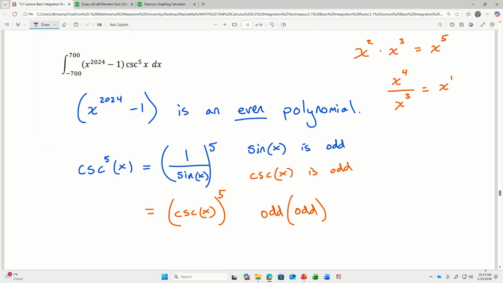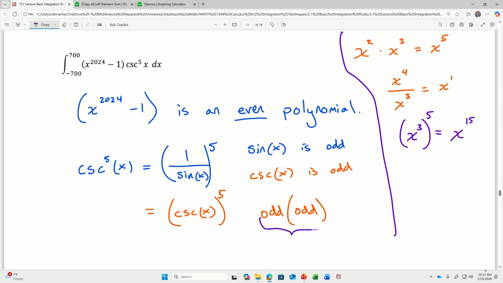And again, if I don't remember off the top of my head how this works, I could think to myself, what does it look like when I have an odd function composed with an odd function? That would always give me another odd function. So odd composed with odd is always odd.